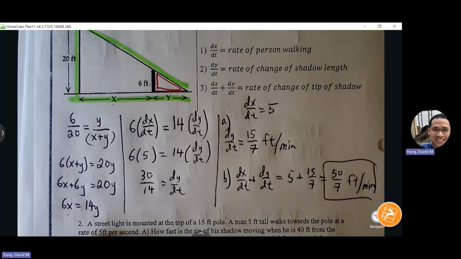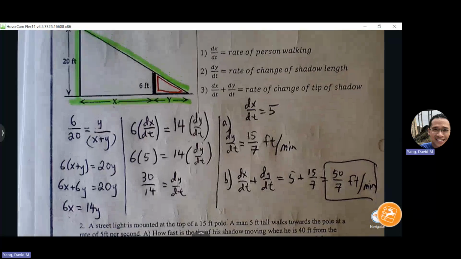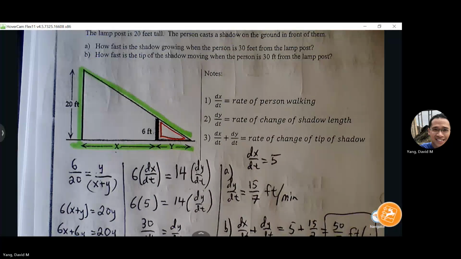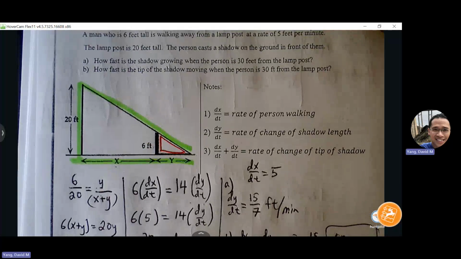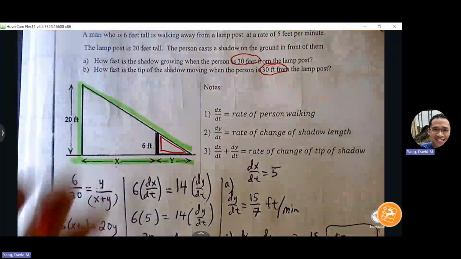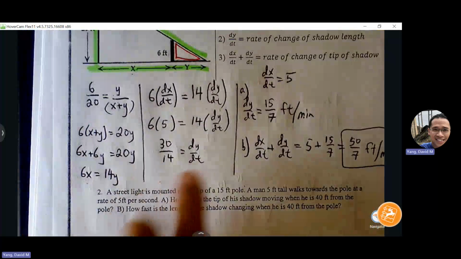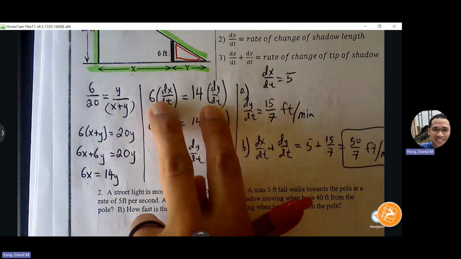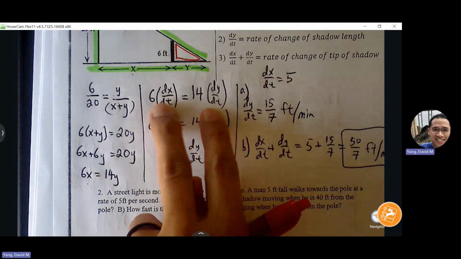Now, there's something that we never even touched in this from what's given to us. What did we not use? 30 feet. Yeah, just 30 feet. We never used it because it has no impact, right? Our derivative did not require the distance. The rate is constant, so it doesn't matter how far he is away from the lamppost.